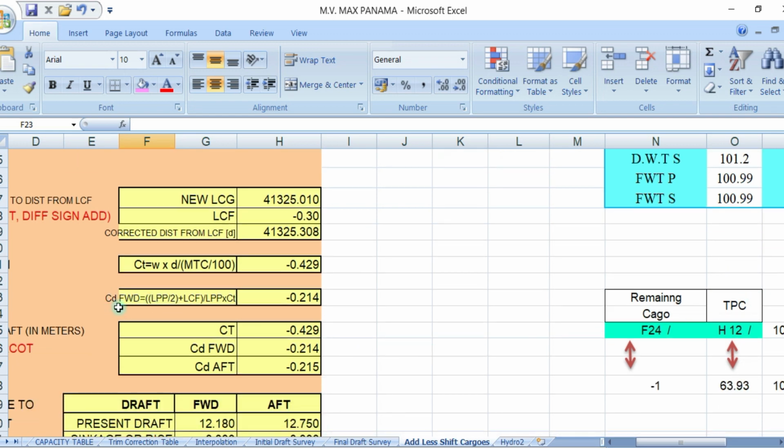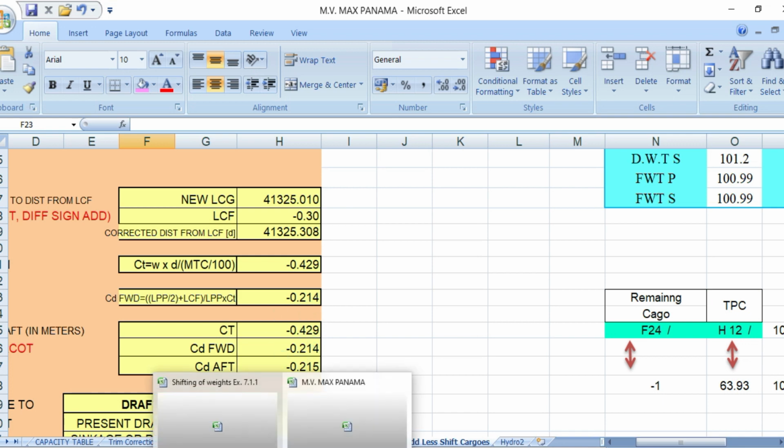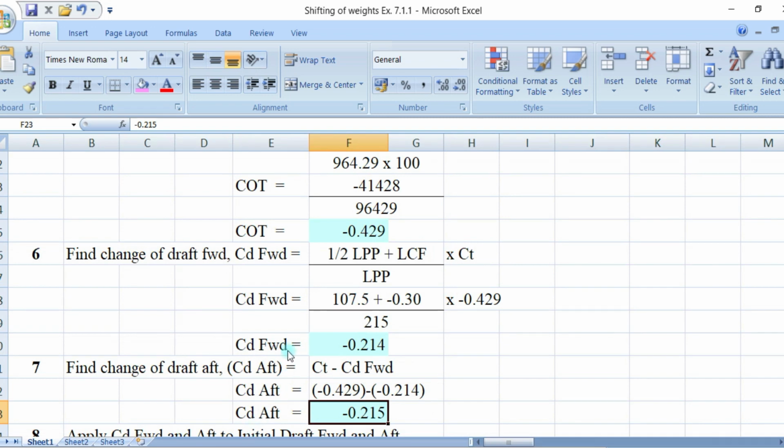This is the same formula. You have negative 0.214. So change of draft forward is negative 0.214.